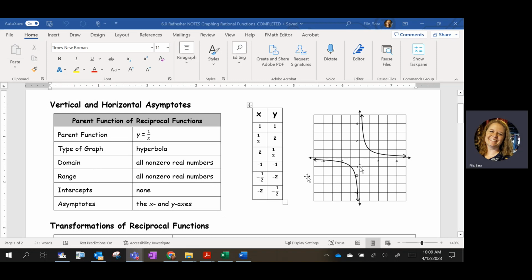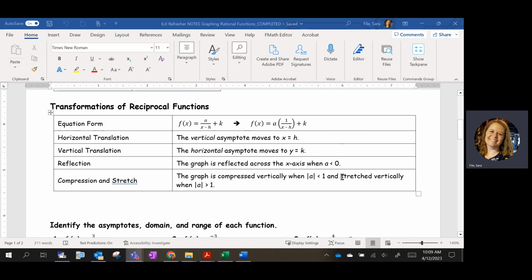The type of graph this is called a hyperbola. I don't think y'all got to a unit called conics in Algebra 2, so that term may be new to you. But it's these curves going in opposite directions of each other. That's a hyperbola.